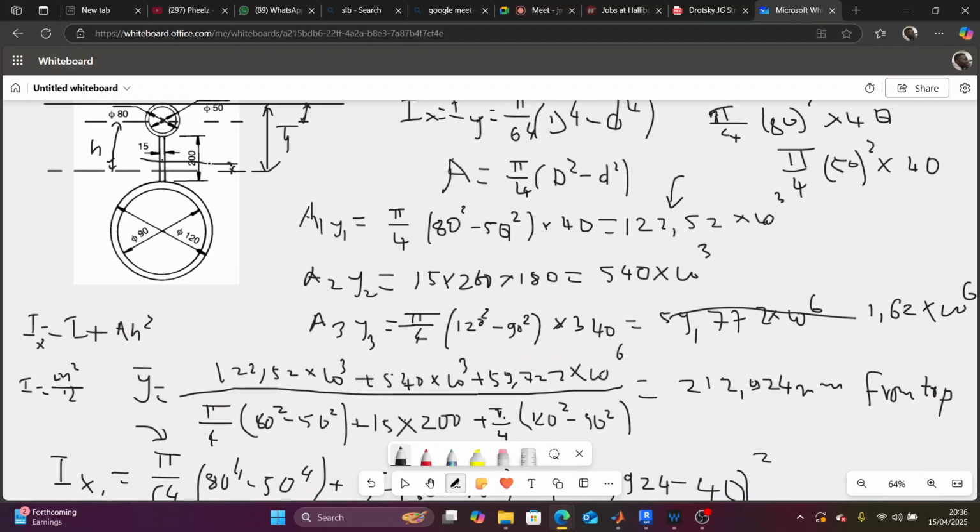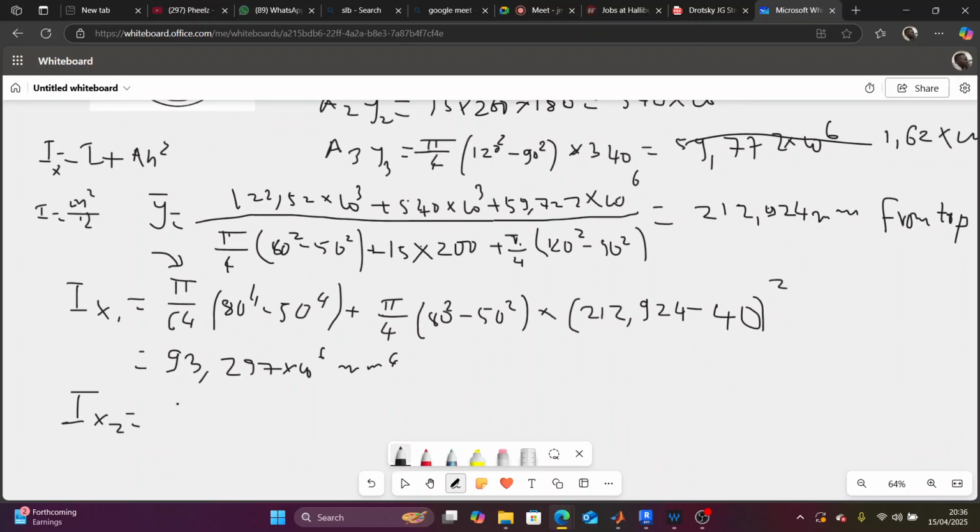These axes are already parallel, so what we're going to have is 1 over 12. What is the base? It's 15. And what is the height? 200. So 15, sorry, to the 3.